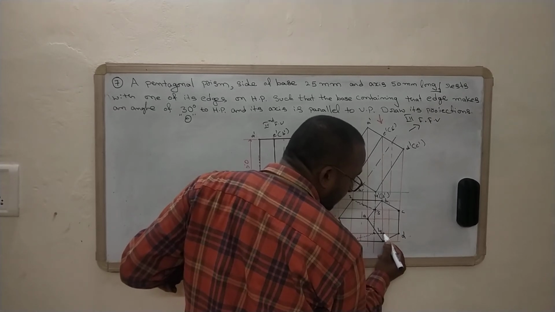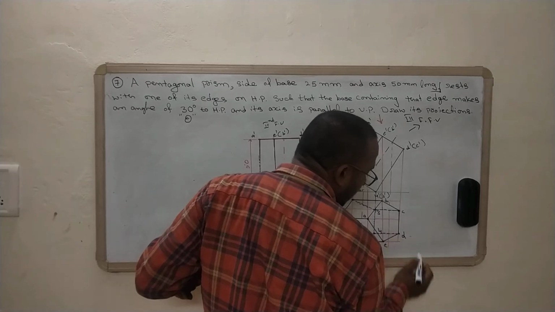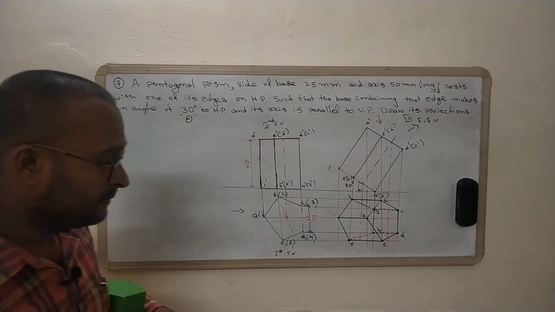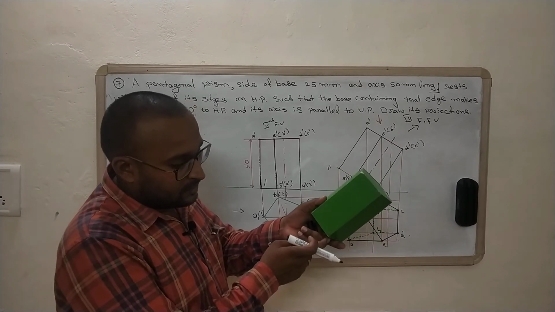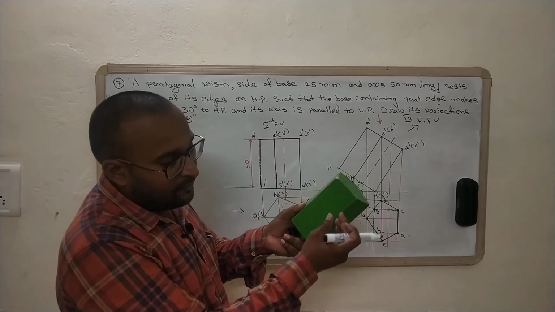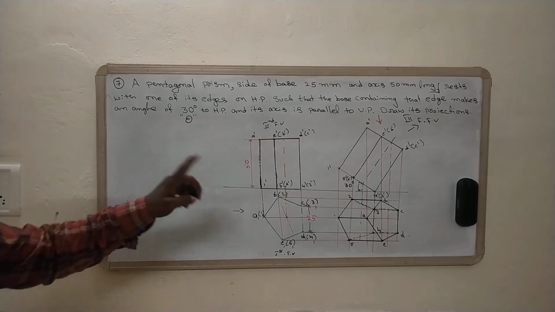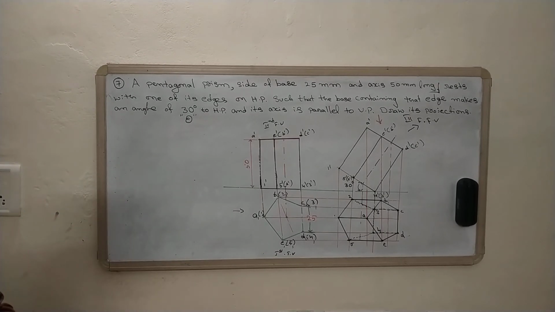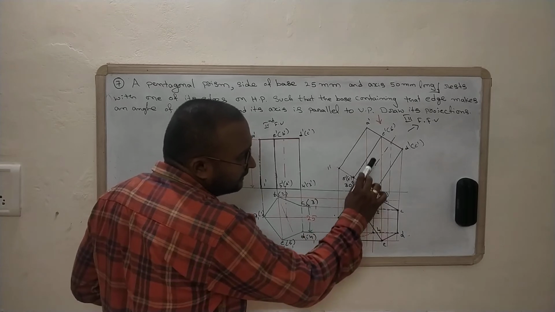Then here 4D, 3C are also hidden lines, because whenever we are going to see from the front view, these lines are going to be invisible, right? So that we will get the finalized answer. So this is how we need to project the front view and the top view.